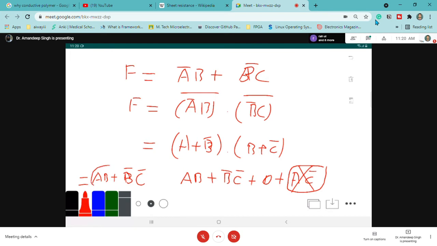Because this can be written as B bar, B plus C bar. So this can be implemented using NMOS, and the second will be PMOS. It's again NMOS. But in some function, there might be a case that you need an inverter.